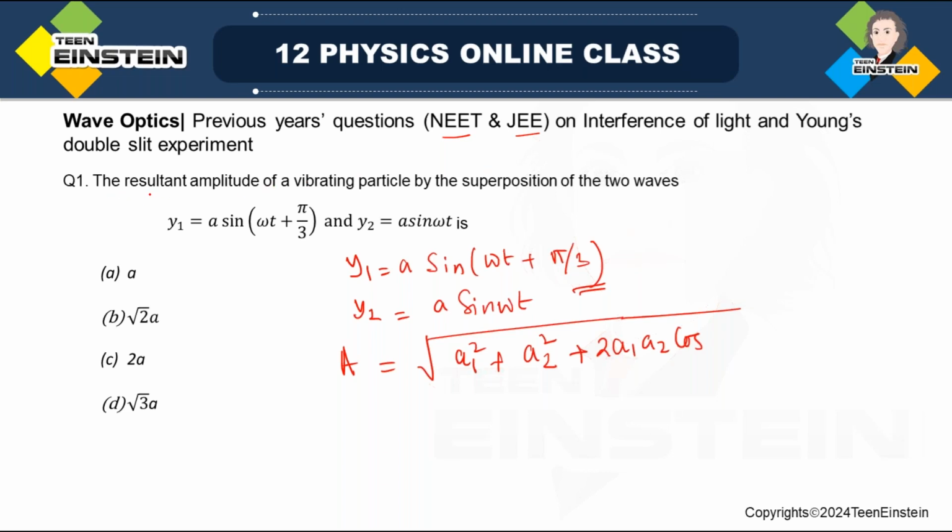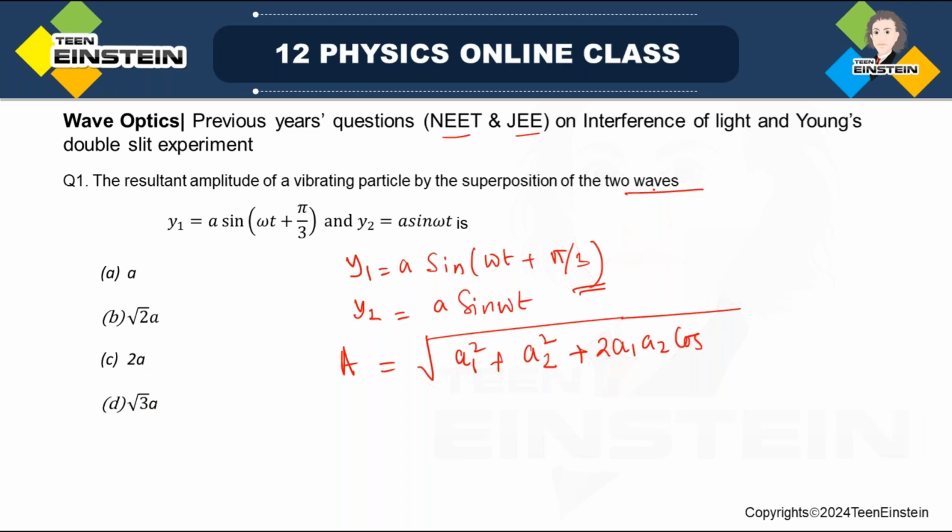The first question says the resultant amplitude of a vibrating particle by superposition of two waves y1 is equal to a sine(omega t plus pi by 3) and y2 is equal to a sine omega t. The options are square root of 2 into a, 2a, and square root of 3 into a. So this is the question. I hope you have understood the question.